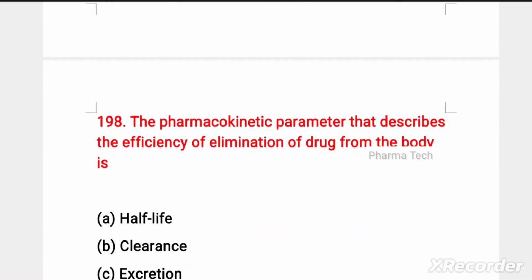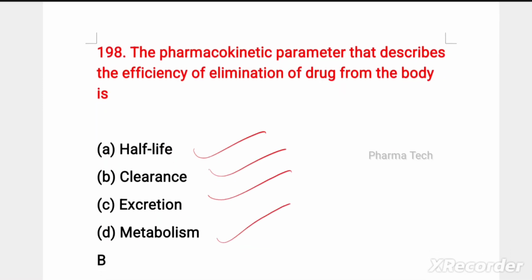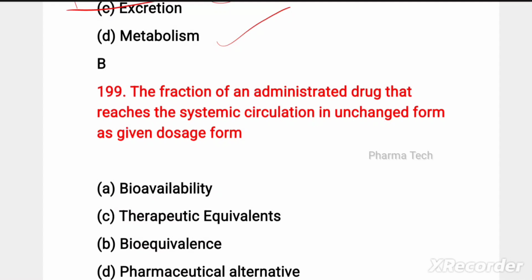Next question, the pharmacokinetic parameter that describes the efficacy of elimination of a drug from the body is. Options are half-life, clearance, excretion, metabolism. Answer is B, clearance. Next question, the fraction of an administered drug that reaches the systemic circulation in unchanged form as given dosage form. Options are bioavailability, therapeutic equivalence, bioequivalence, pharmaceutical alternative.